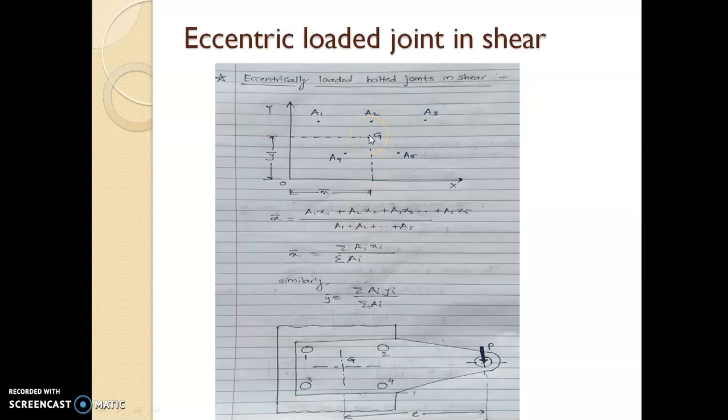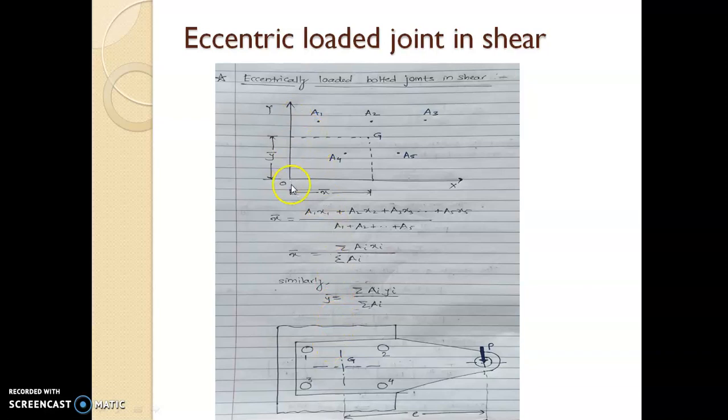We might have seen the centroid term and how to calculate it in the applied mechanics subject. Similarly, the y coordinate of the centroid is y bar equal to the summation of ai yi upon the summation of ai. These are the x and y coordinates of the centroid respectively.